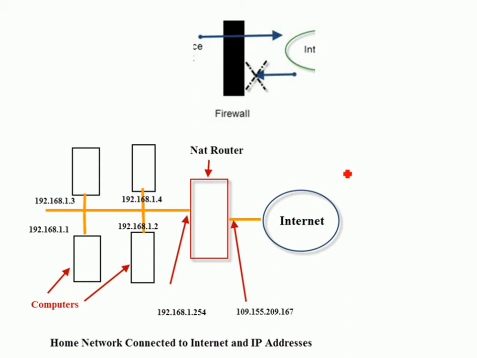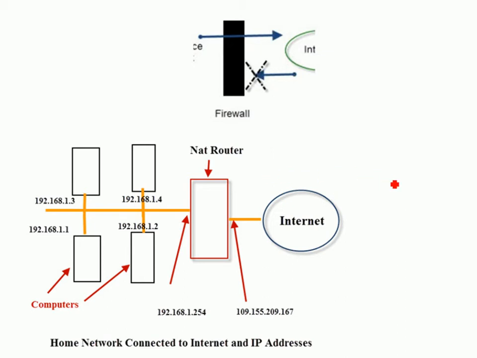Now that is okay and most people are quite happy with that, but what happens if you have a service on this internal network? Maybe you want to put a web server on here, but more commonly it's a game. A lot of games are internet-based games, and you need access from the internet into your internal network.